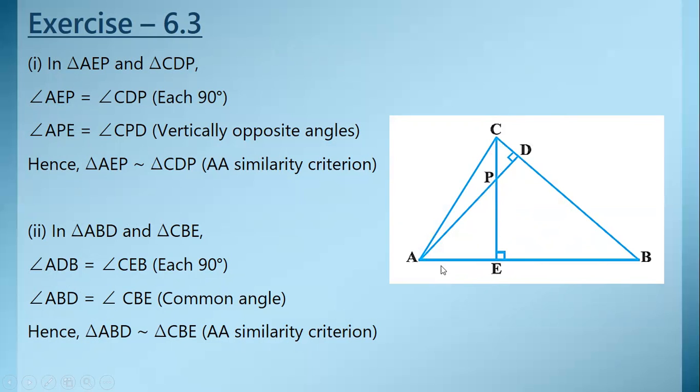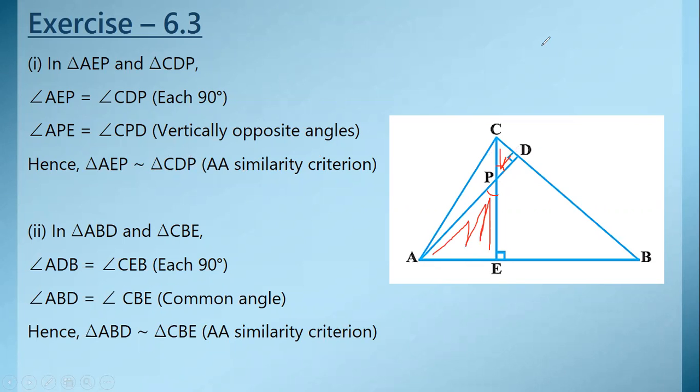So hence AEP is similar to triangle CDP. So we have these two angles to be 90 degrees. These two are vertically opposite angles. So this triangle and this triangle are similar by AA similarity criterion.